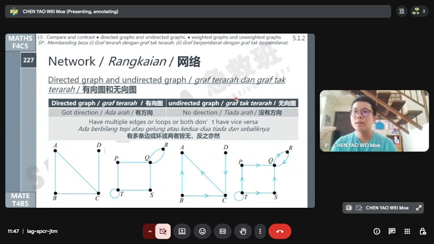You can go in and out in any way. But for a directed graph, you only can move one way, and you cannot go back. That is called a directed graph. Both kinds can have multiple edges or loops or not.